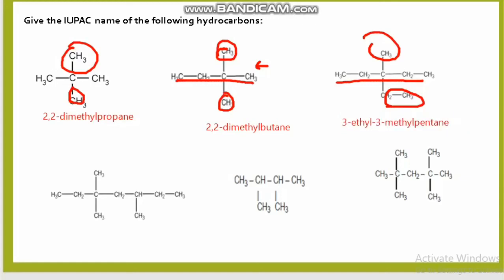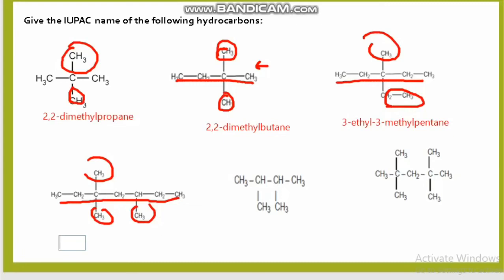Now in this chain here, the fourth one, we have 3 identical branches. So we have to use the prefix tri. Our main chain consists of 1, 2, 3, 4, 5, 6, 7, which means 7 carbon atoms. It's a heptane. Because the branches are identical, we have to use the prefix tri, and we number each branch.